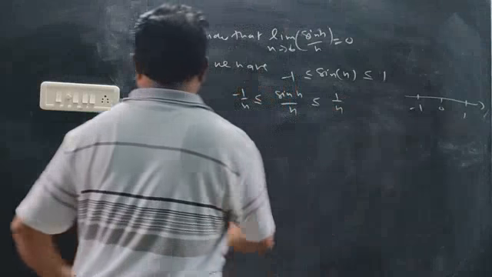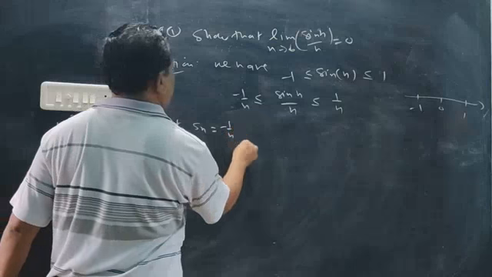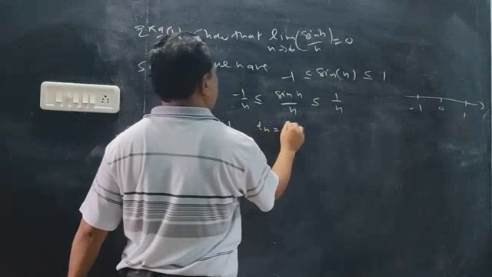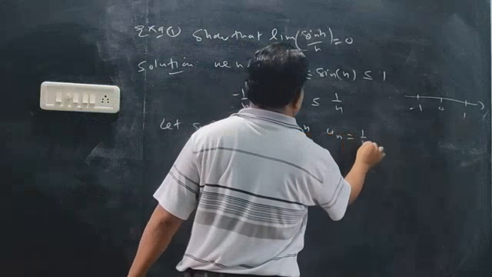Now suppose we say this is Sn, this is Tn, and this is Un.